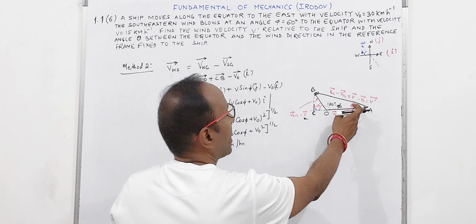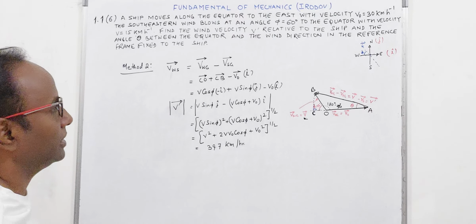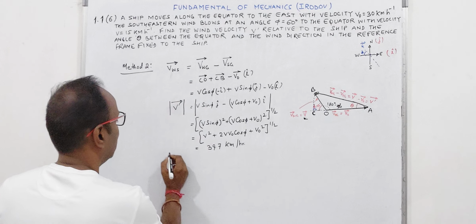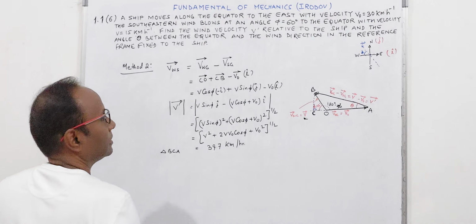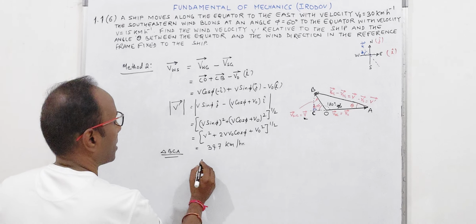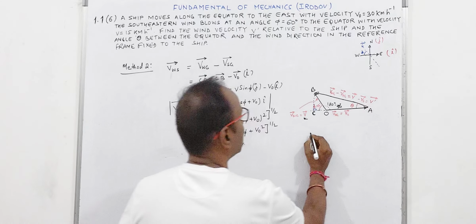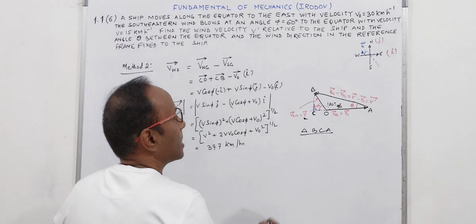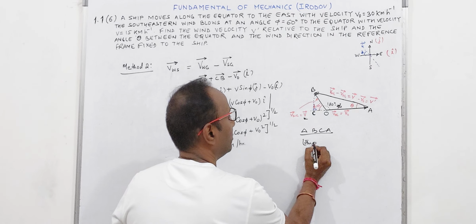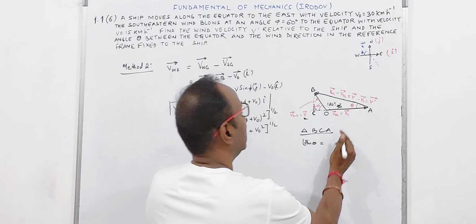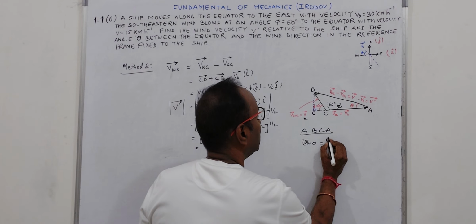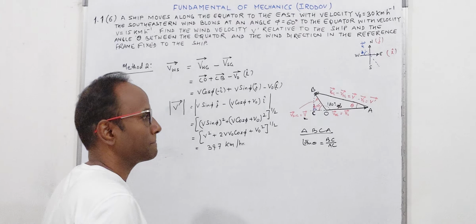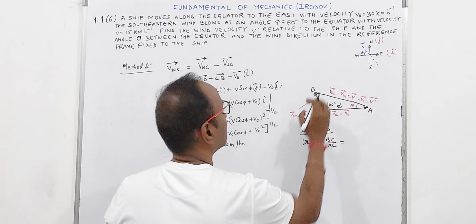Now, how to get the theta? Theta you can see in triangle BCA. Tan theta, from mathematics, simple, is perpendicular by base, BC by AC.